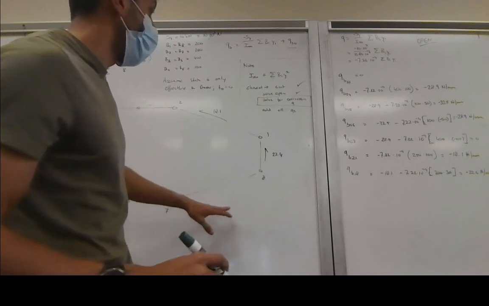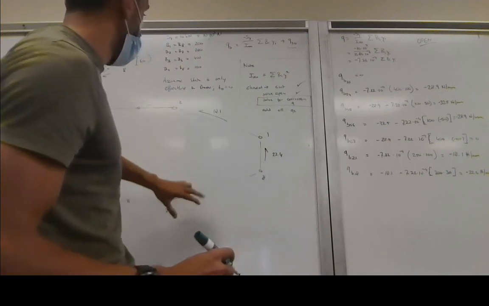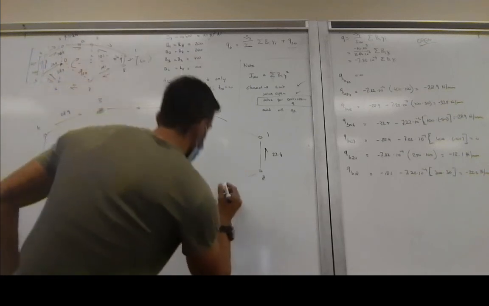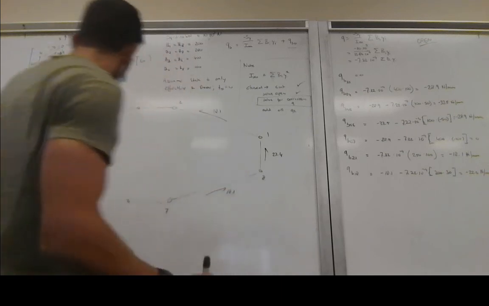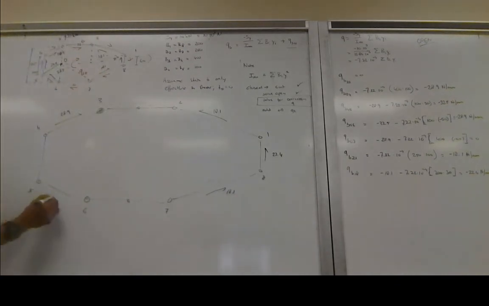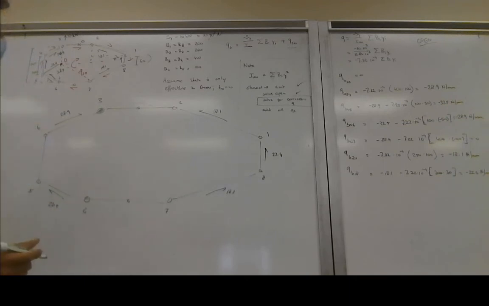We calculated 2,1 is same as 7,8. So this one goes like this, 18.1. This is 0. This will go in this direction, 28.9. And we calculated 4,5 was negative 32. Because negative, it goes up with 32.5, right?